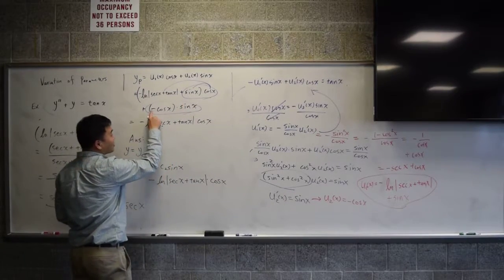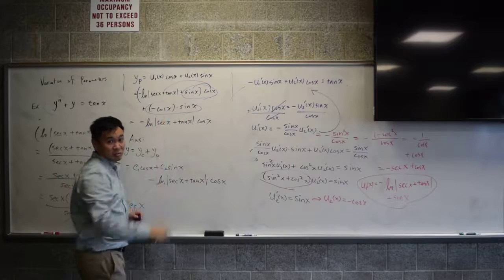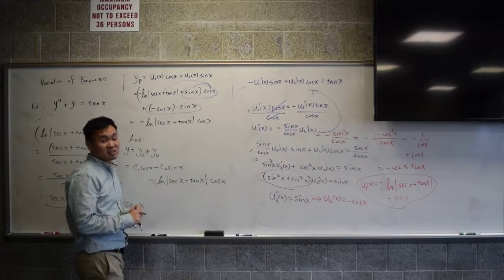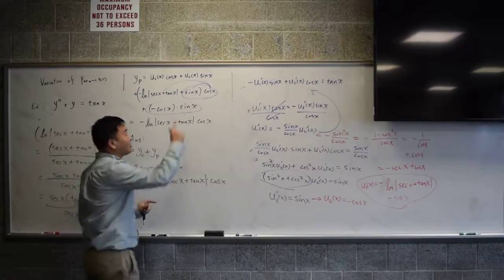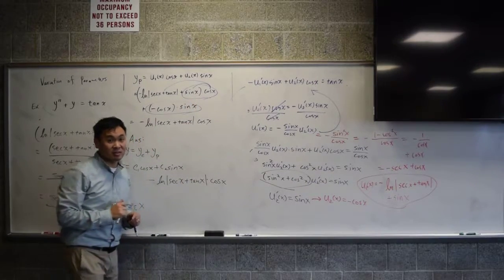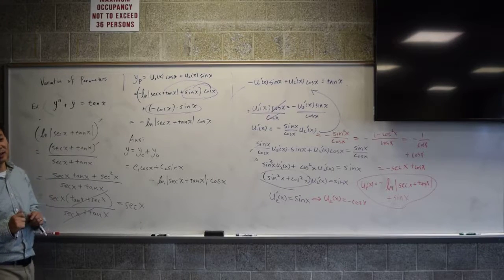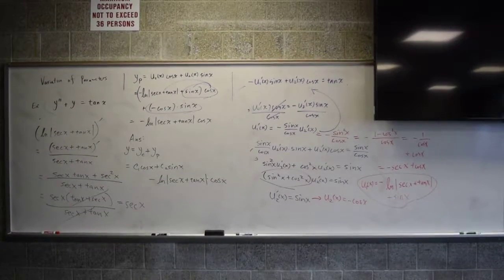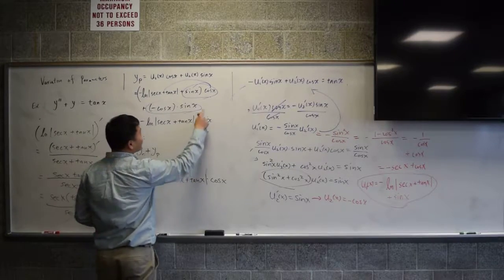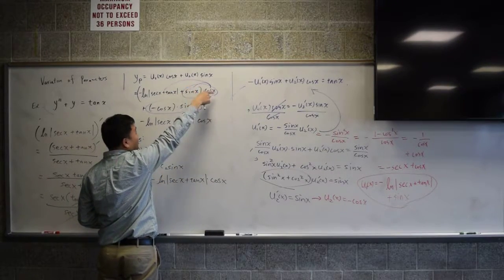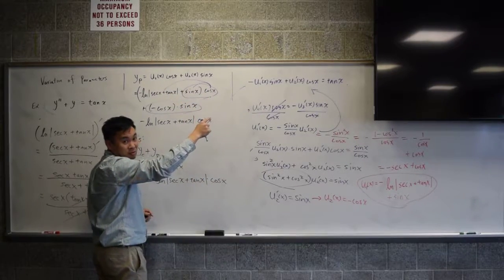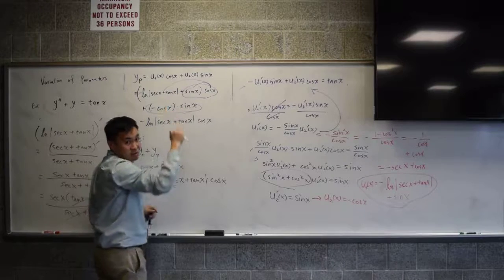Because I can switch these two places. Multiplication is commutative. So negative cosine times sine is negative sine times cosine. And they're the exact same thing, so they cancel. But if you get 0, then where do you get the cosine from? No, this cosine is because you distribute first. Oh, okay. Cosine gets multiplied to each one of them. And this will cancel with that. Yeah, there you go.